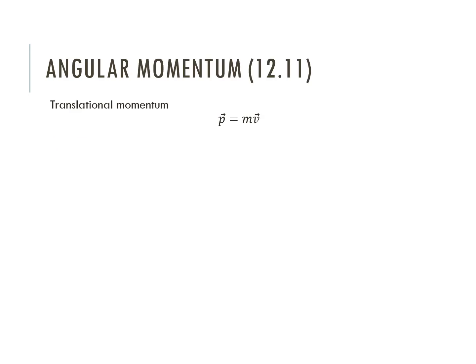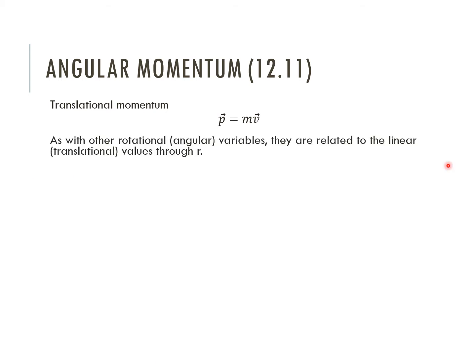So when we looked at translational momentum, we had mass times velocity, where velocity being a vector multiplied by a scalar gave us a vector. We have seen so far the rotational or angular variable for mass and the value for velocity as well.